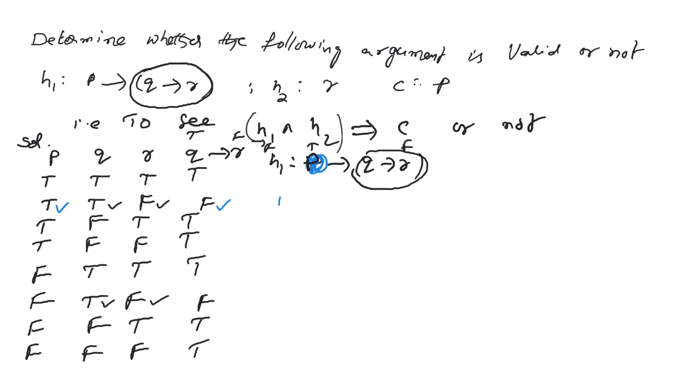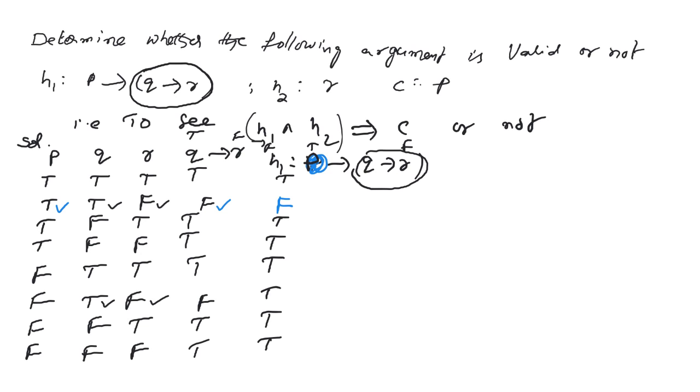In this combination this will be false, and there is no other TF combination, so this will be true in all other rows.